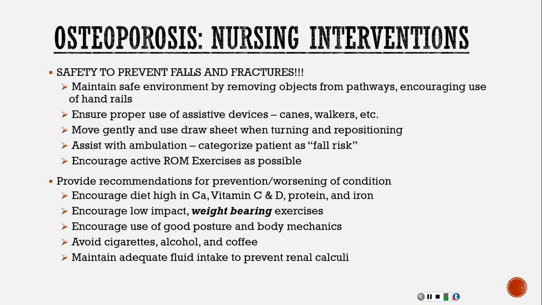Dietary changes you could encourage anyway, but the high calcium, vitamin C, and vitamin D diets, along with protein and iron. You encourage low impact, weight-bearing exercises. Encourage good use of posture and body mechanics, and avoid cigarettes, alcohol, and coffee. And also maintain adequate fluid intake to prevent renal calculi.